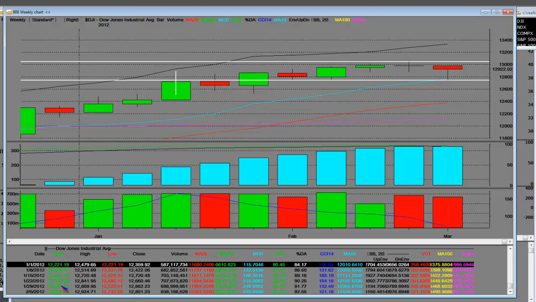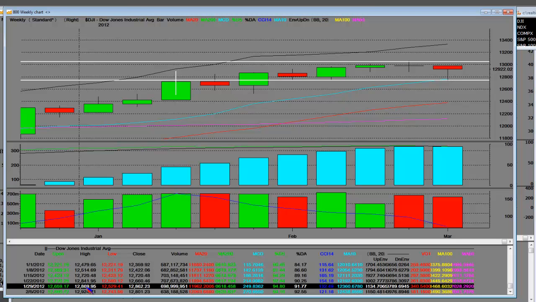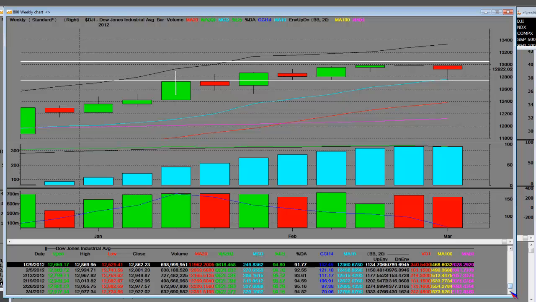Now, the calendar high for January, the closing high, the high of the week there was 12,869.95. And there was a high at that point in the first calendar month.